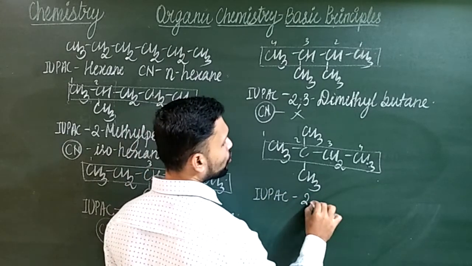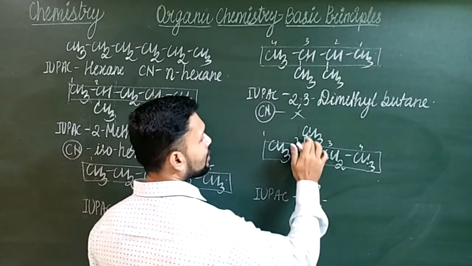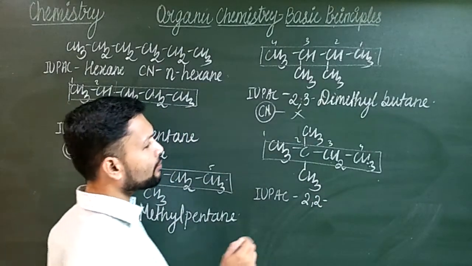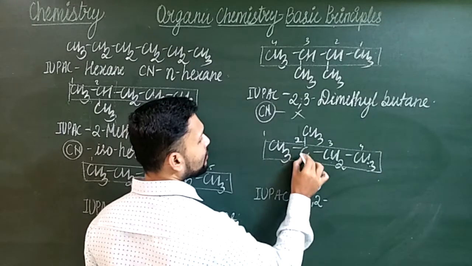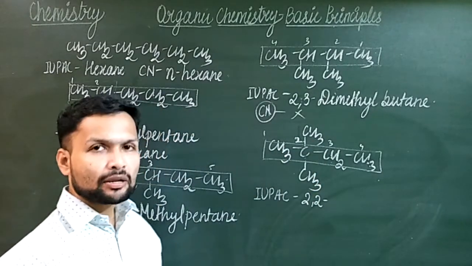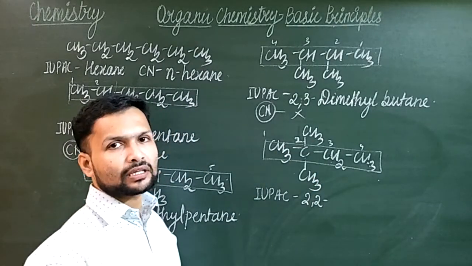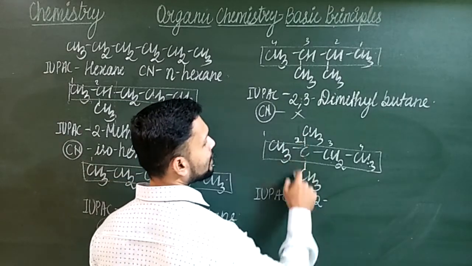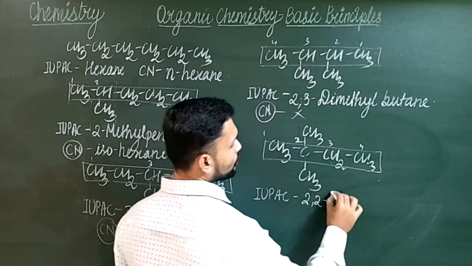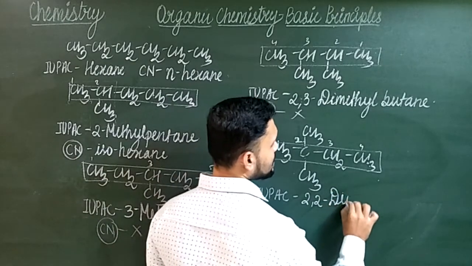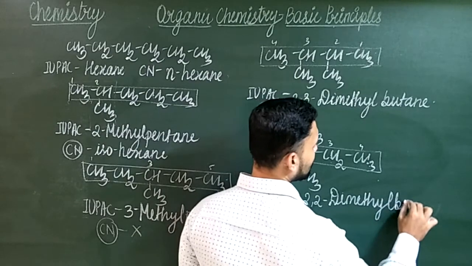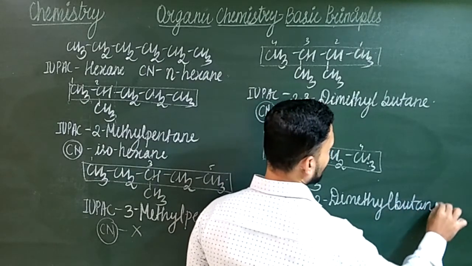So what would be the IUPAC name in this case? It will be 2, 2. The same locant has 2 branches, so you have to repeat the locant number. Locant means the number that we give to the carbons in the longest chain. So the number should be repeated if that same number has 2 branches. So 2,2, obviously we use the prefix dimethyl, and the longest chain here would be butane.